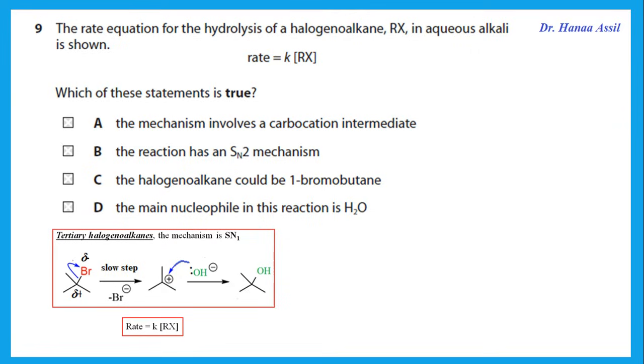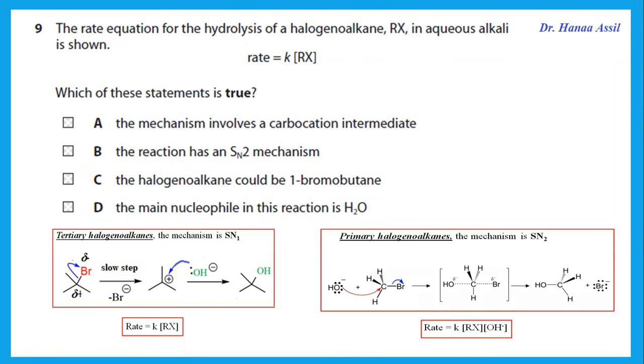And remember that this happens if we're starting with a tertiary halogenoalkane. Now, if we had a primary halogenoalkane, we said this goes through an SN2, in which the rate-determining step, which is the initial step, involves both reactants. So the hydroxide attacks at the same time that the Br leaves. And in that case, the rate would depend on the concentration of both reactants.